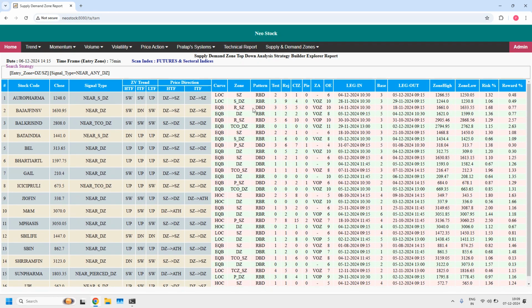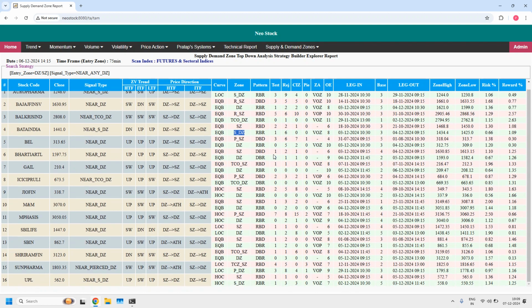Let me verify once again. This is the first one. This is the second one. And this is the third one. So we have identified 3 high liquidity 75 minute demand zones from this list.